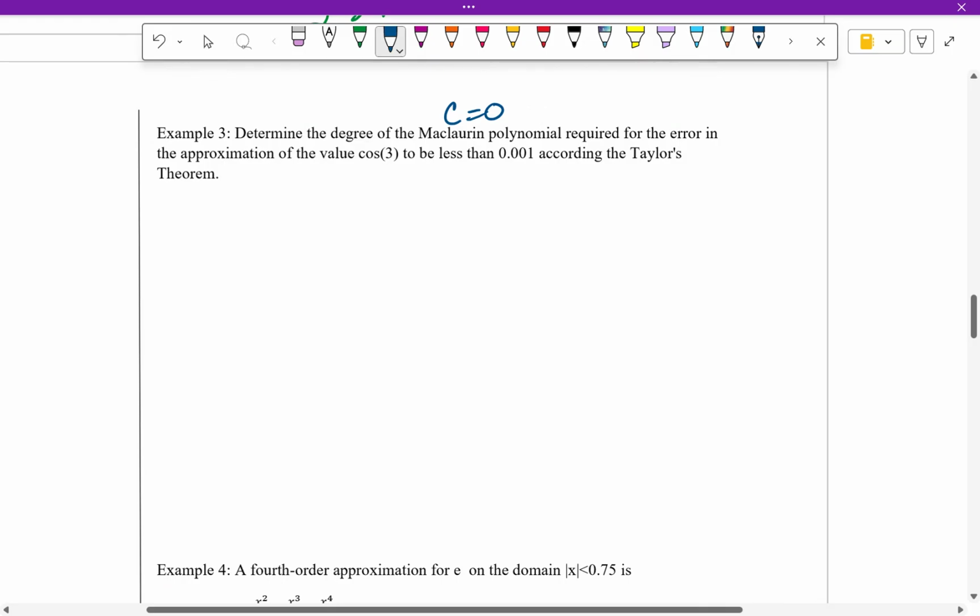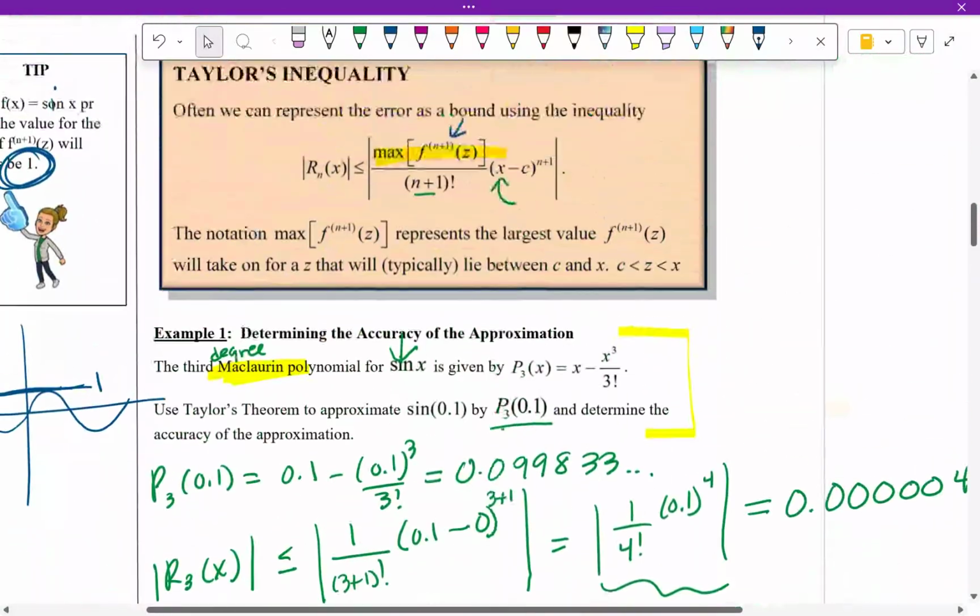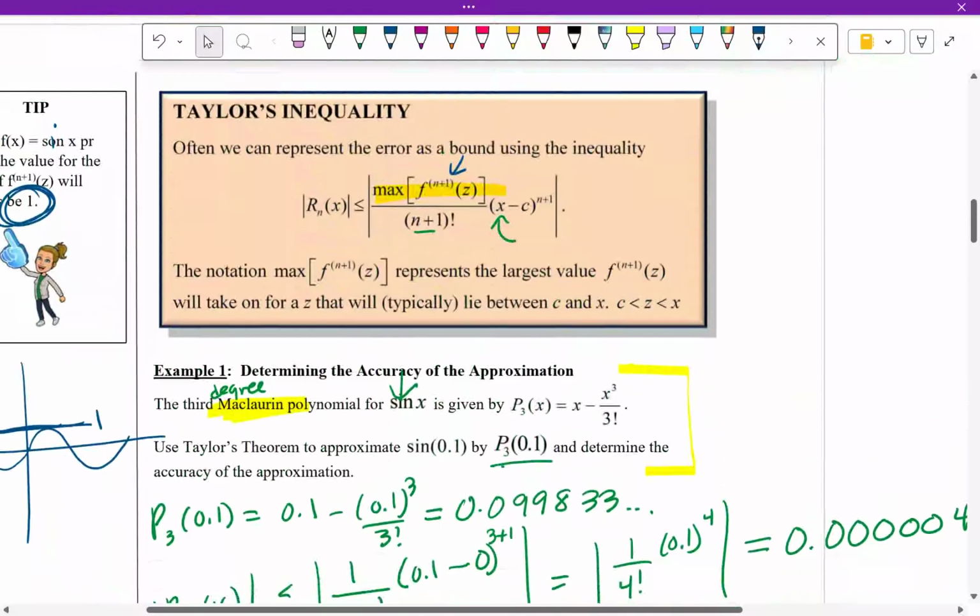All right. So we're going to use our formula. Let's refresh our memory on the little formula. Our formula is whatever the maximum value of the function is, over the first omitted term, n plus 1, and I can shortcut that. I don't have to do the plus 1 part if I don't want to.